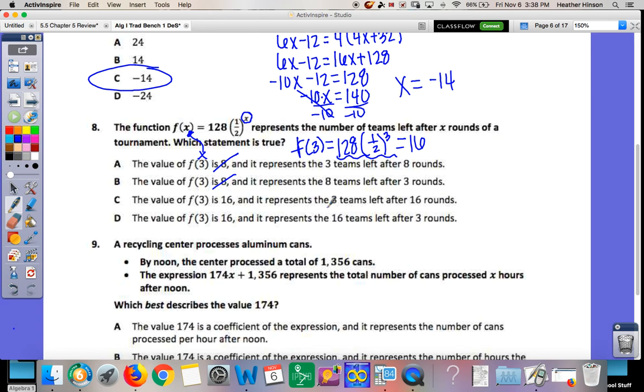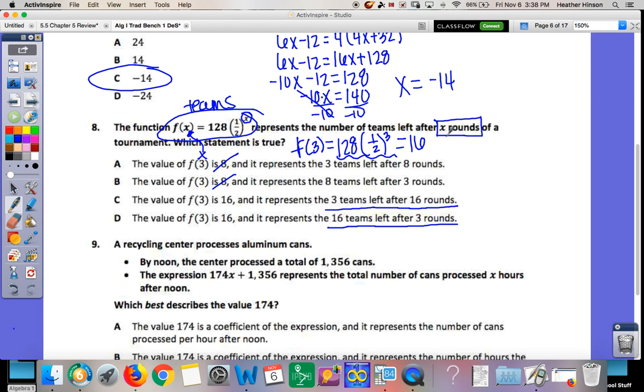Then we just have to decide which one is correct. Is it 3 teams left after 16 rounds? Or is it 16 teams left after 3 rounds? Look at what we have. It says it represents the number of teams. This whole thing is the number of teams left after x rounds. Well, what was x?